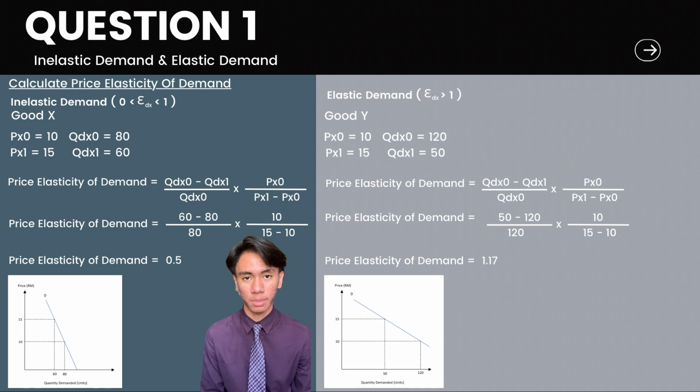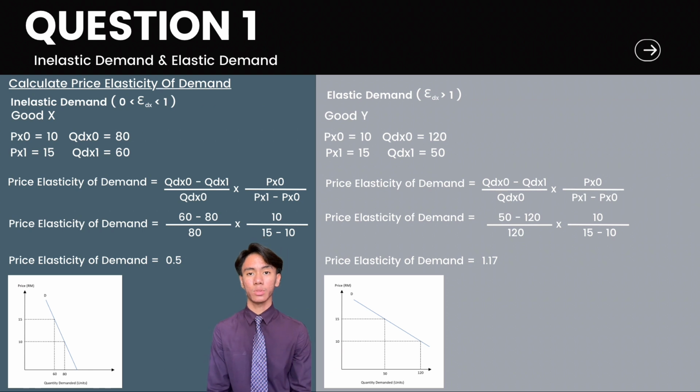So, from the table, quantity demanded 0 is 80 and quantity demanded 1 is 60. For the price, price 0 is 10 and price 1 is 15. So to calculate, price elasticity of demand equals quantity demanded 1 minus quantity demanded 0 over quantity demanded 0 times price 0 over price 1 minus price 0.